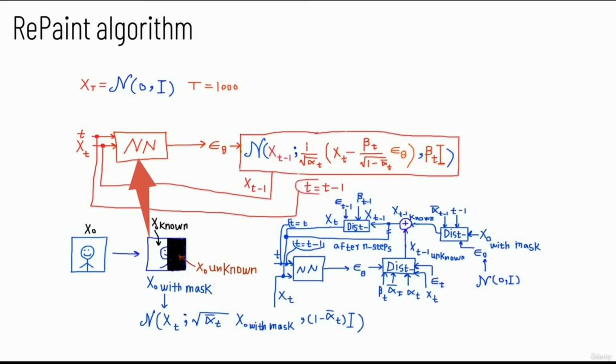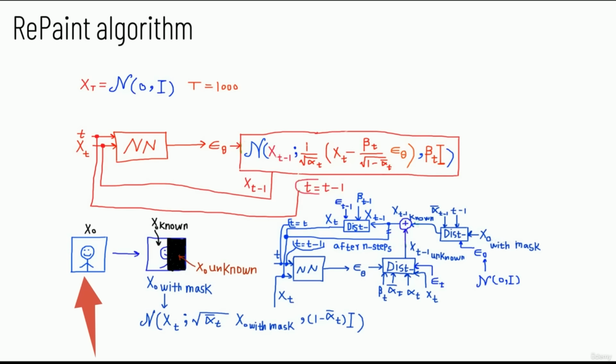So now we moved one step backward. We will do this again and again until reaching x0, our clear image. So now we have this generated image x0.